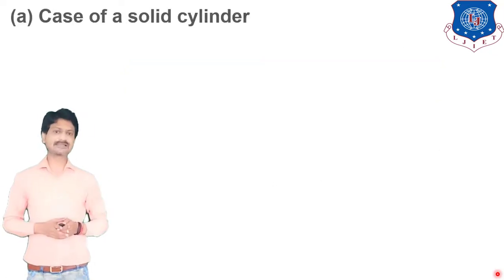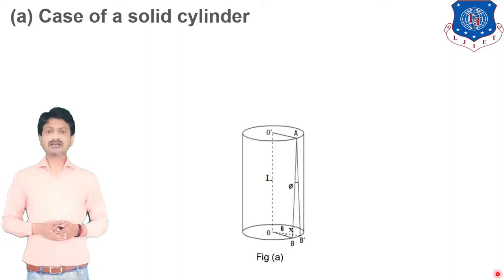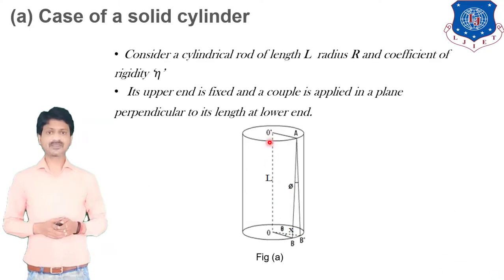So, let's start with the first case of today's session, that is the twisting couple of a solid cylinder or wire shaft. Now, consider a solid cylinder of length L and radius R to be clamped at its upper end.